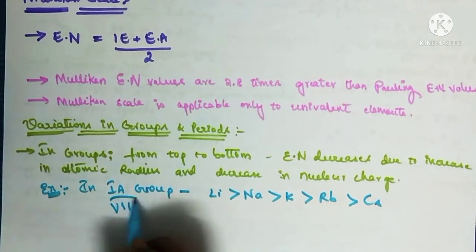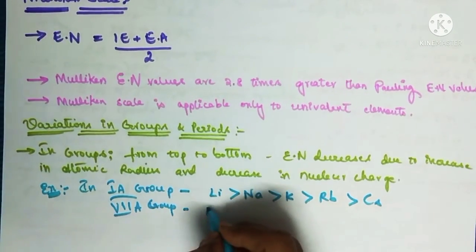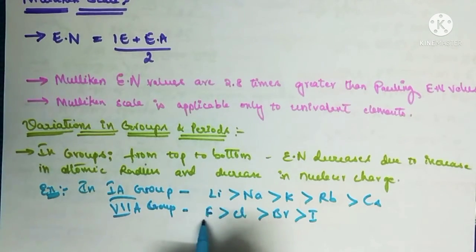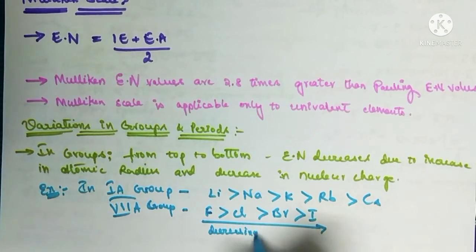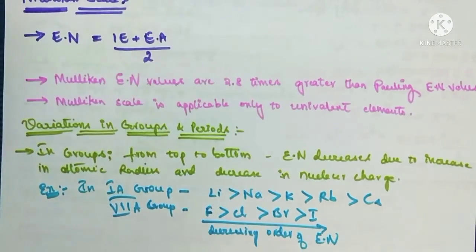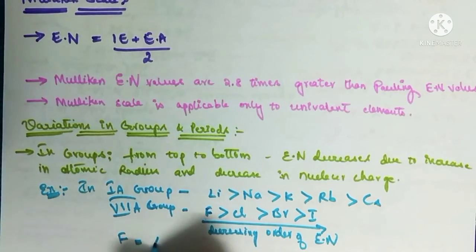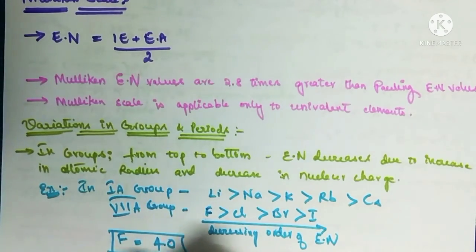And in the 7th group, the halogens, fluorine has the greatest electronegativity, next chlorine, next bromine, next iodine, in decreasing order. Fluorine has the highest electronegativity in the whole periodic table, with a value of 4, and chlorine has a value of 3.